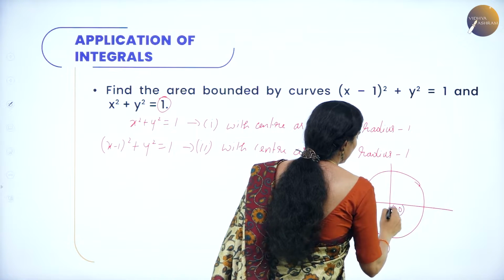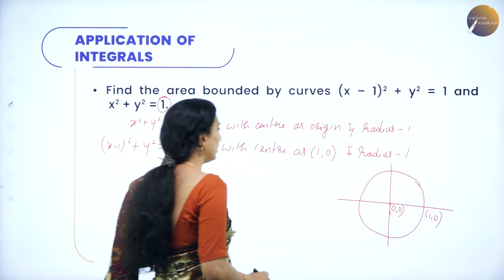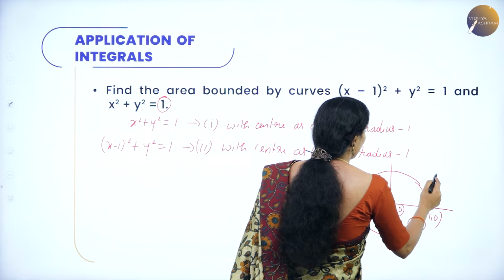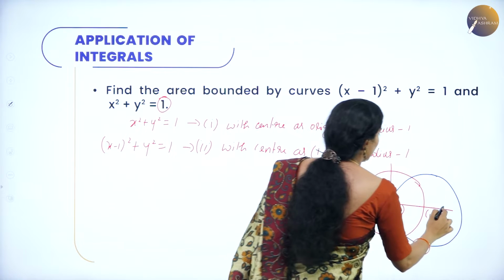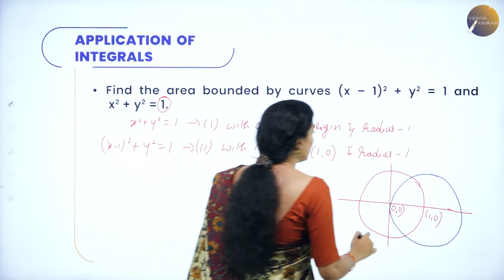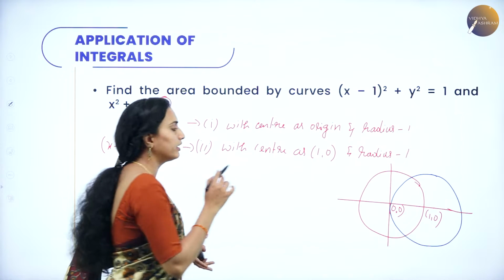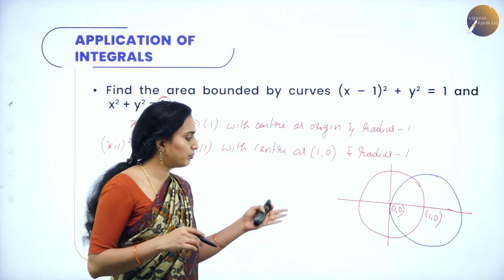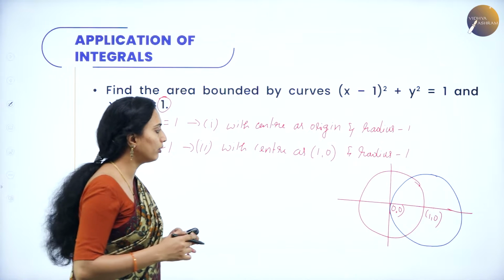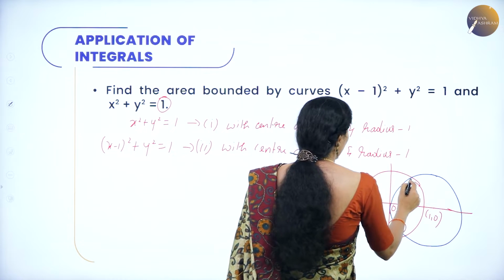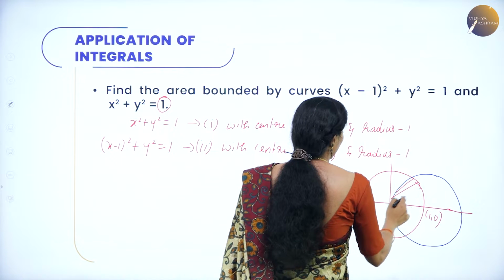So 0, 0 and radius is equal to 1, 0. Now another circle I am drawing that with center as 1, 0. So center will be 1, 0. Okay. You can observe which I have extended. So 1, 0 and radius as 1 unit. Got? So red color is the first circle and then the other color which I have drawn, it is a second circle. Got? So I need to find out here the point of intersection. So I need to find out this area only. So this is what the area I have to find out.